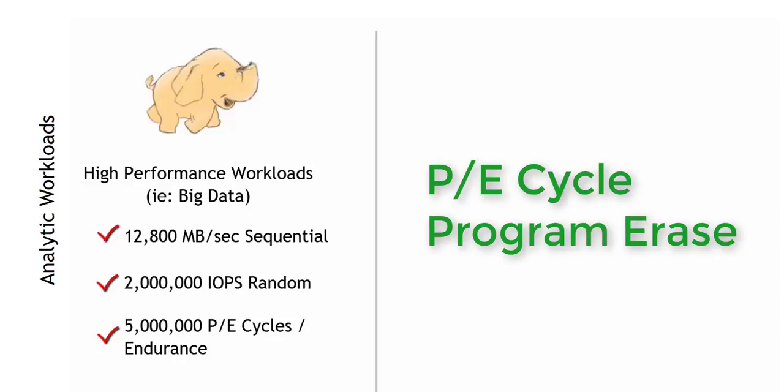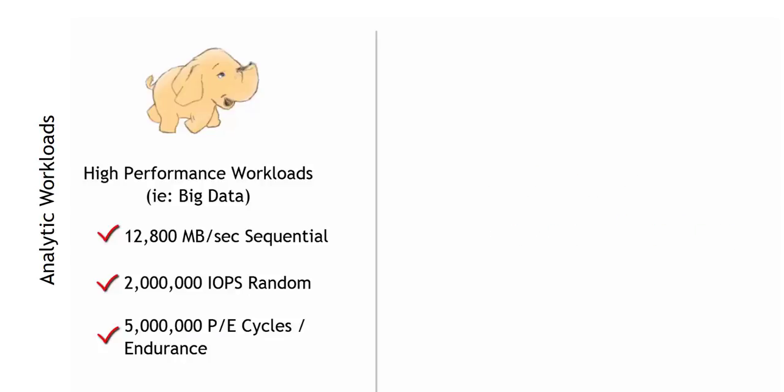And the endurance of that device is how many times that can happen on that device. So 5 million PE cycles would say that that SSD drive is capable of handling 5 million PE cycles, and the endurance is directly related to that.